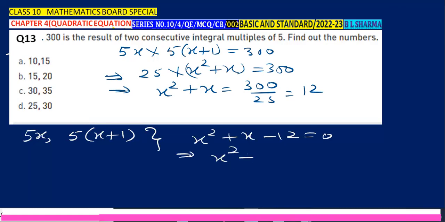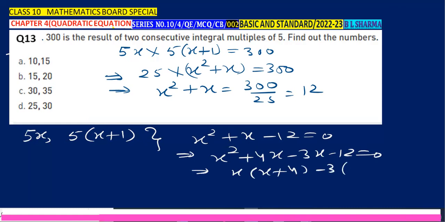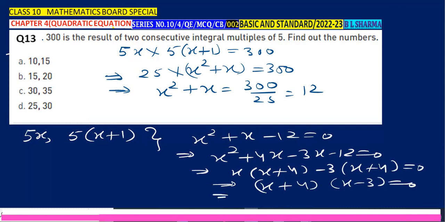We can factorize it by splitting the middle term, that is x plus 4 into x minus 3. Putting both equal to 0, x is equal to minus 4 and x is equal to 3.